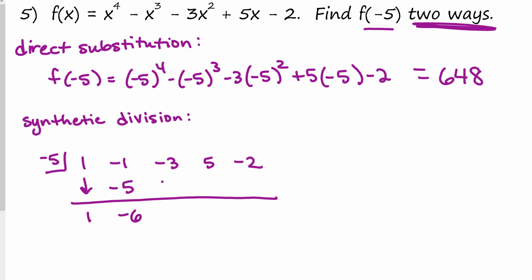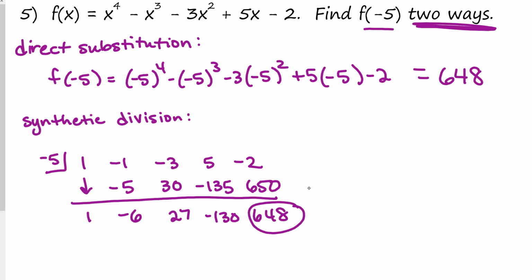Multiply that by the number in the box, we get 30, write it down and add, we get 27. I'm going to grab my calculator because I don't want to make a mistake here. Multiply that by the number in the box, we get -135. Write it down and add, we have -130. Then multiply that by the number in the box, and we get 650. Write it down and add, and we have 648. So that would be the y-coordinate of the point. So f of -5 is equal to 648 either way.